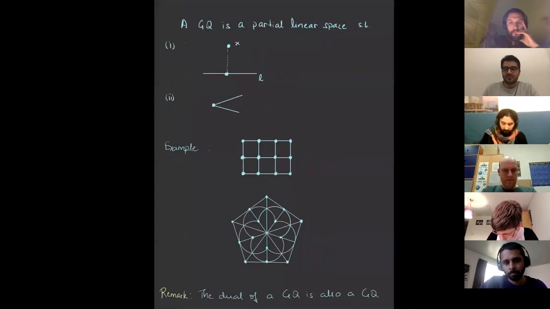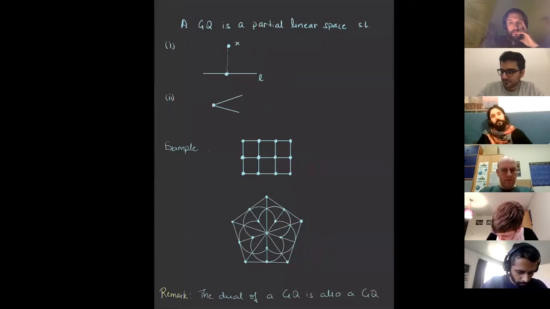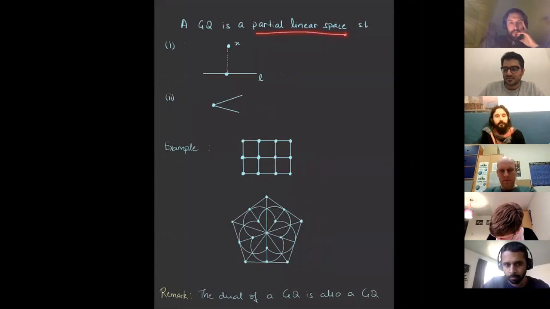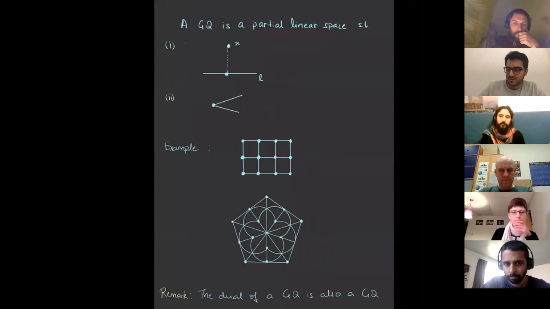And as before, we'll define a partial linear space. So this point line geometry, finally, it's not a linear space, it's a proper partial linear space, which has just these two axioms, which I drew a picture of. And the axioms are as follows.